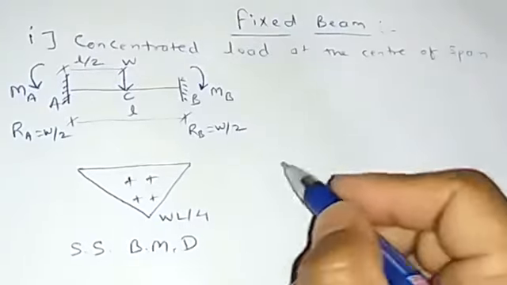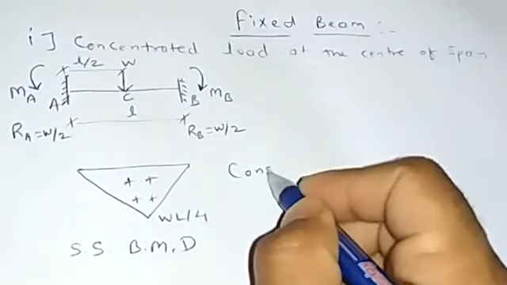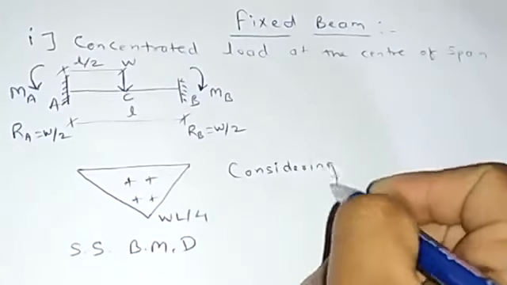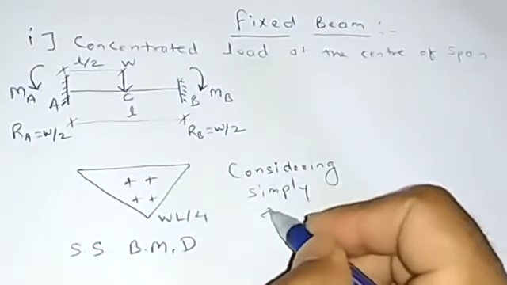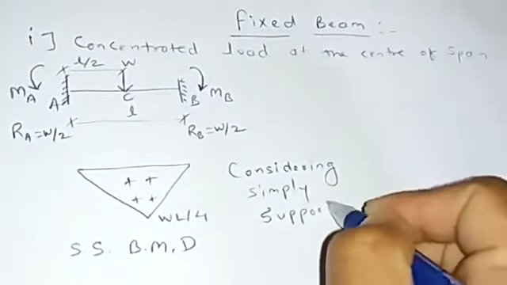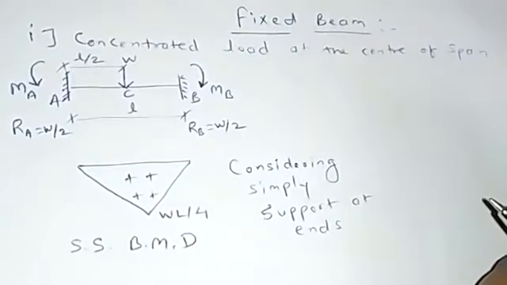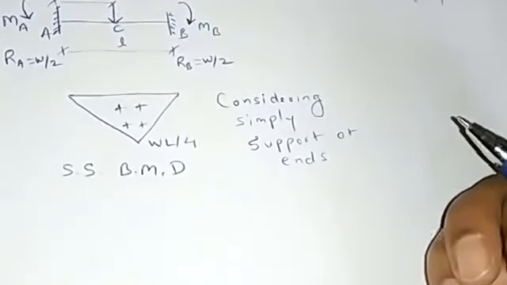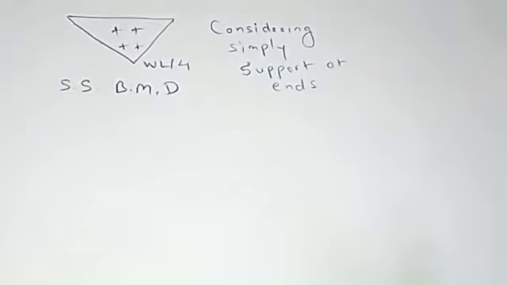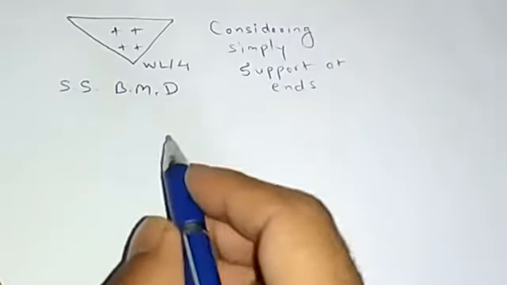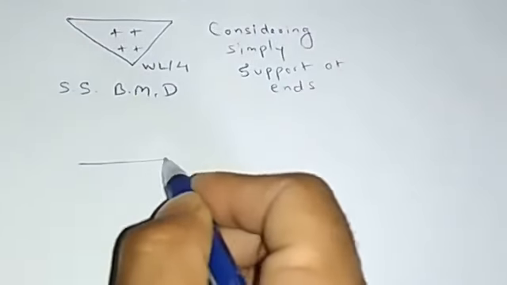Now this is due to considering simply supported ends. Similarly, the bending moment diagram due to fixed end moment would be like this.